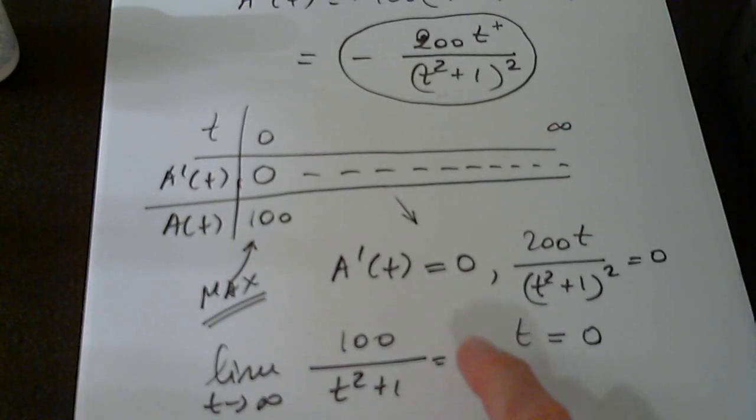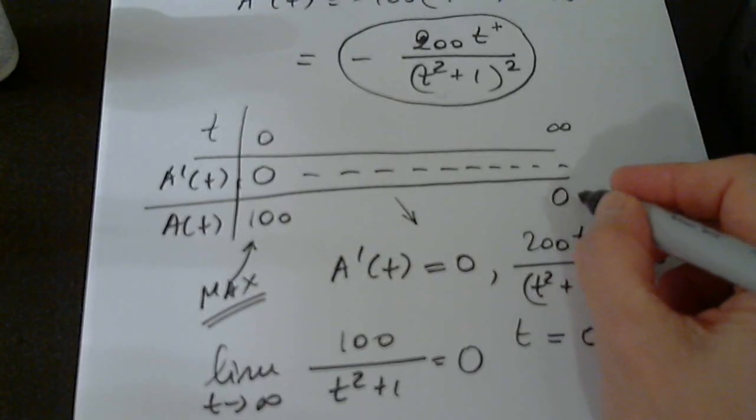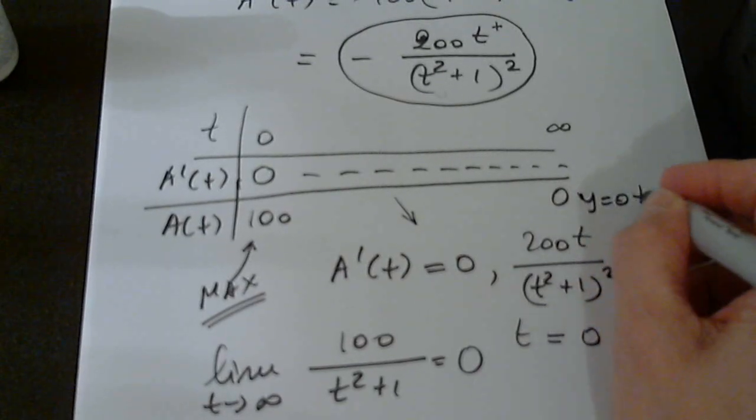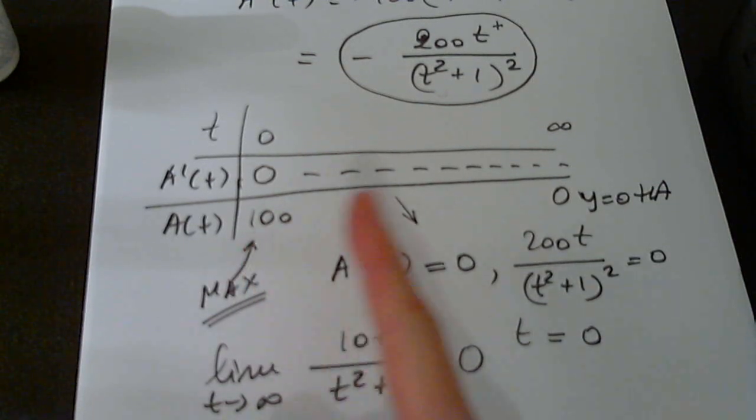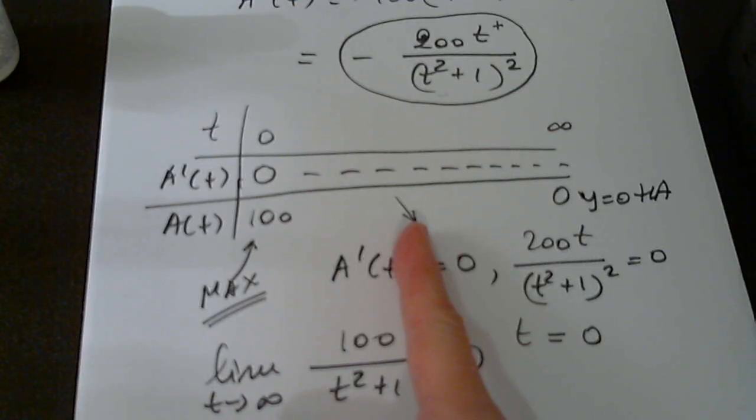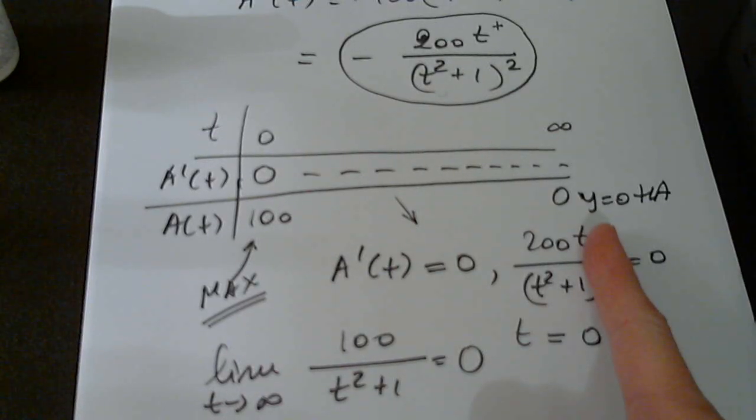Always remember, a tiny number divided by billions. What do I get? 0. Excellent. So y equals 0 is a horizontal asymptote. So this is the maximum. The function is decreasing, getting closer and closer to 0.